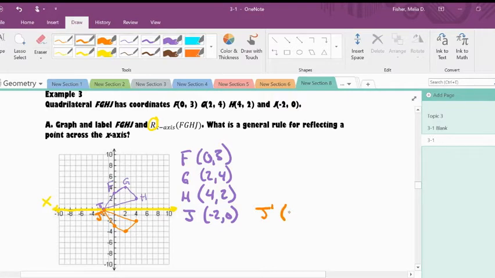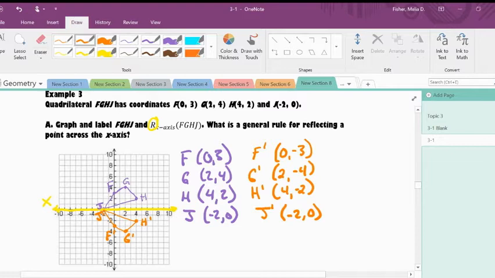They are at -2, 0. This is F prime, this is G prime, and this is H prime. So F prime ends up being at 0, -3, and G prime ends up being at 2, -4, and H prime ends up being at 4, -2.